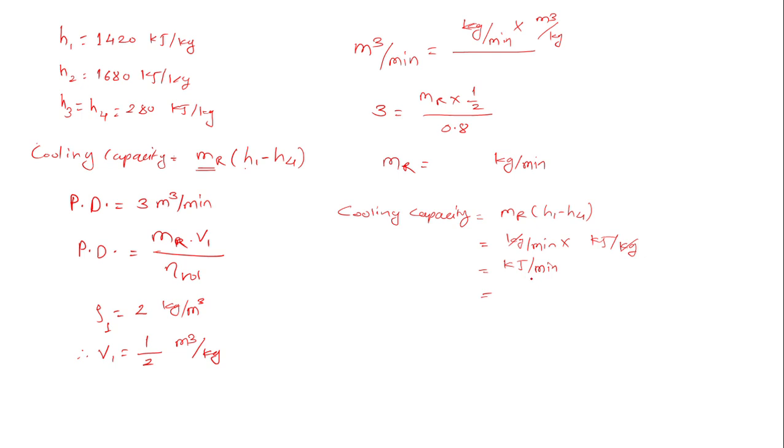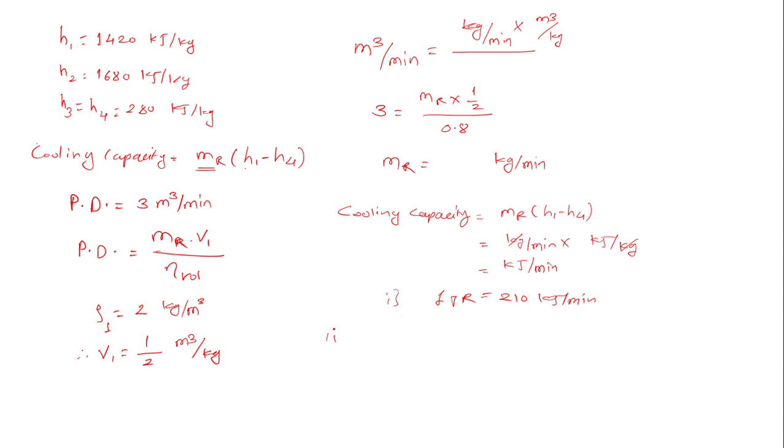Convert this kilojoule per minute to tons of refrigeration, because I want the cooling capacity in tons of refrigeration. We know that 1 TR is equal to 210 kilojoule per minute. So whatever answer you get, just divide it by 210 to get the cooling capacity in tons of refrigeration. Okay, so that is the first bit you have solved.